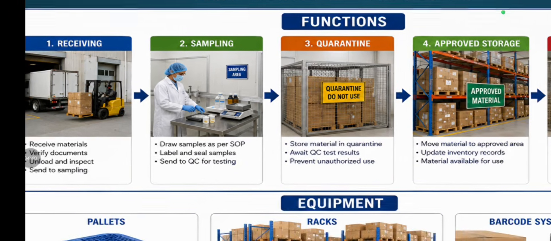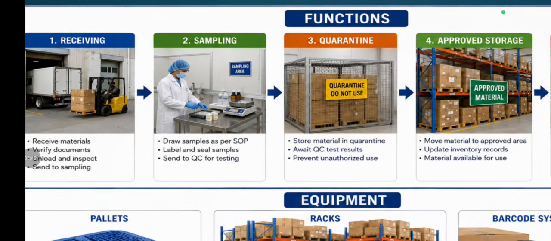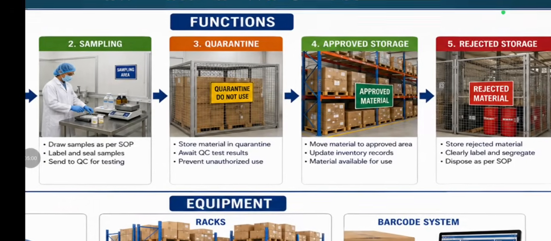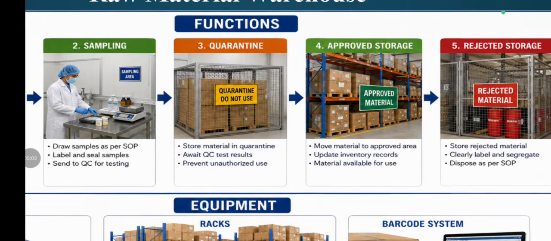Before testing, during the testing timeline, the samples should be stored in the quarantine area. The label is quarantine, do not use, like this. So store materials in quarantine while waiting for the QC test result. There are two types of results: first is approved, and the second is rejected.